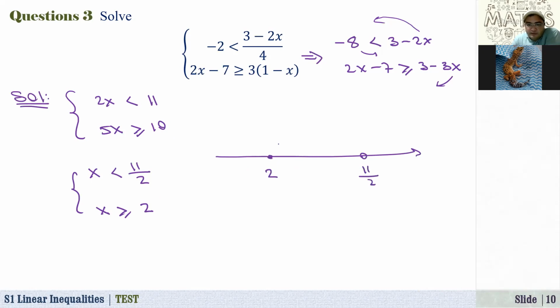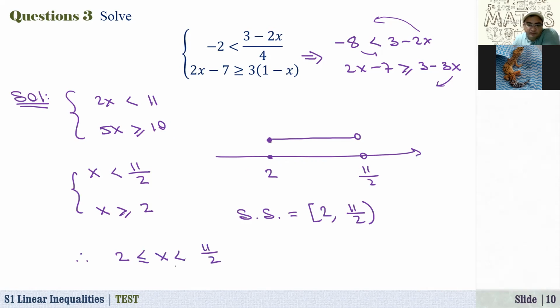So on the number line, you can see that here we have 2 and here we have 11 over 2. The solution is here, between these two numbers. So I can write a single solution set, from 2 to 11 over 2, not inclusive, or as a single algebraic expression, 2 less than or equal to x less than 11 over 2. These are just 3 different ways of showing the solution set of a system of inequalities.